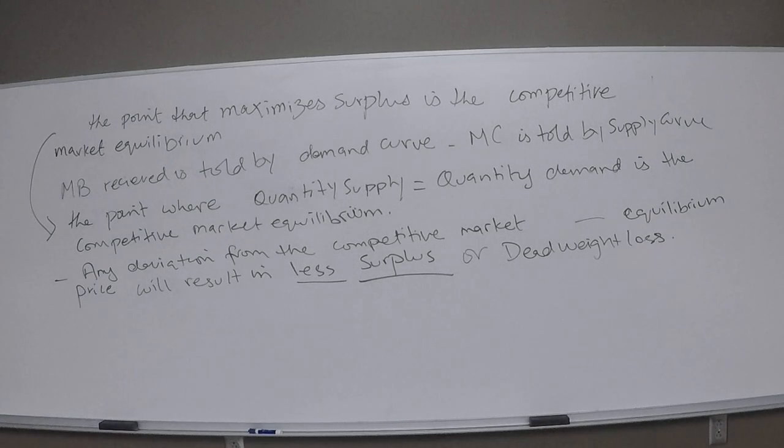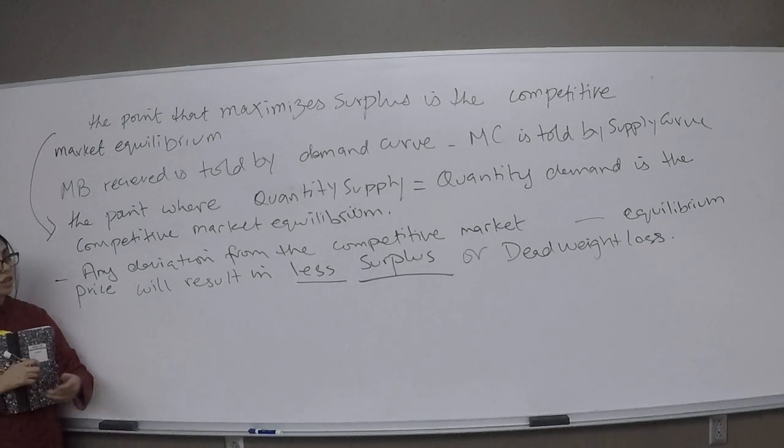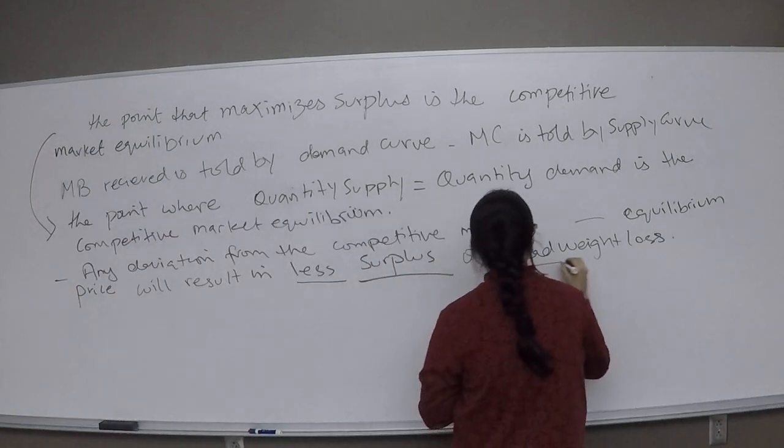And we'll talk more about it. Any deviation from the competitive market price will result in less surplus or a loss. It's the same thing. Less surplus or deadweight loss is the same thing.